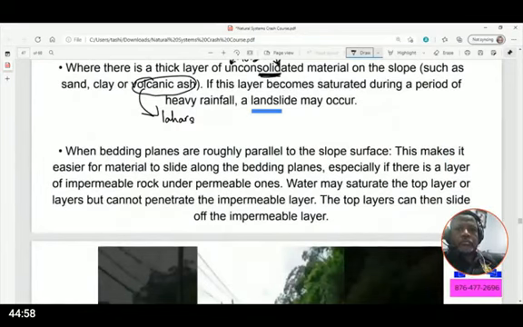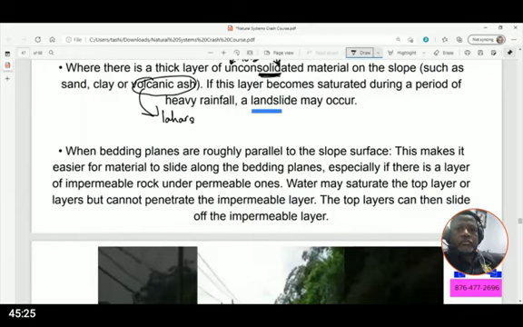So materials can easily slide along the bedding plane, especially if we have an impermeable layer underneath the permeable layer. So if we have a layer that the water cannot pass through underneath, and then there is a layer that the water can pass through, it means that the water is going to block somewhere because it cannot go through the impermeable layer.